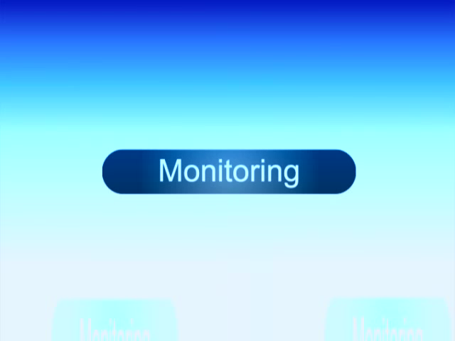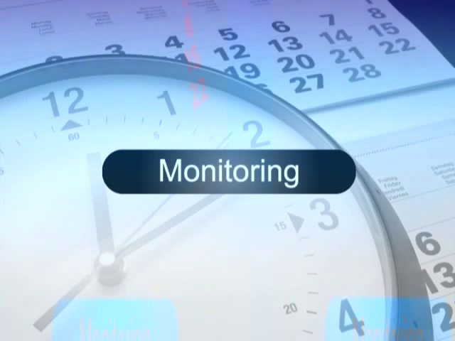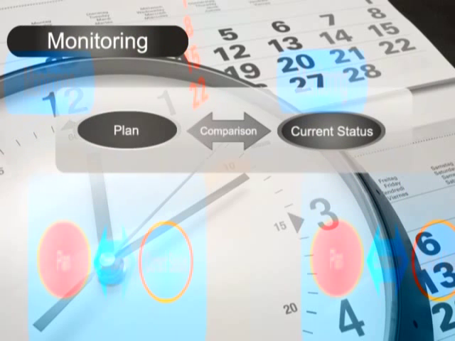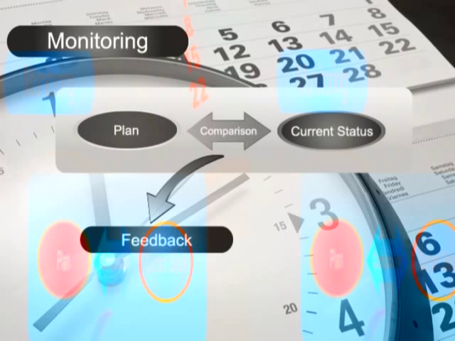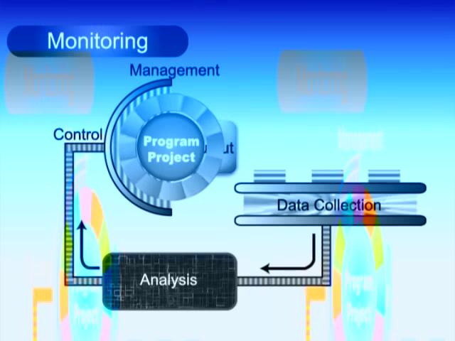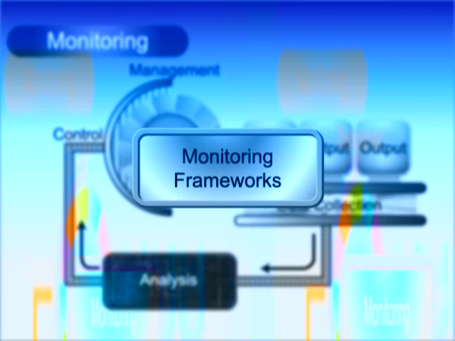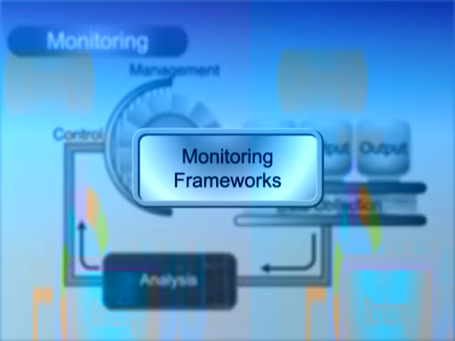The major pillar of monitoring is schedule management. It is work to check the progress of the activities and the outputs during the program or project. It is necessary to make monitoring frameworks in advance to perform monitoring properly.